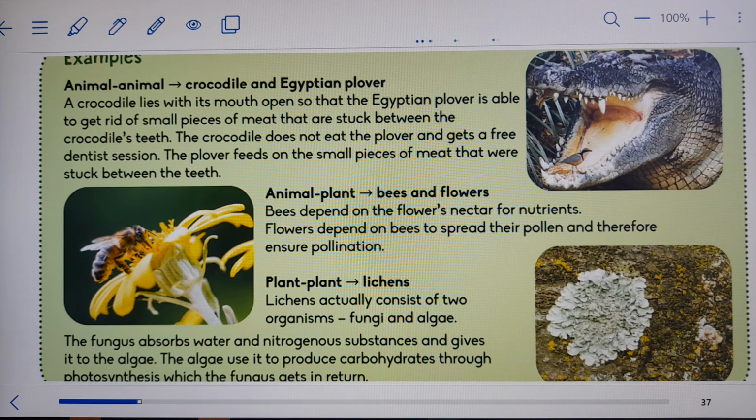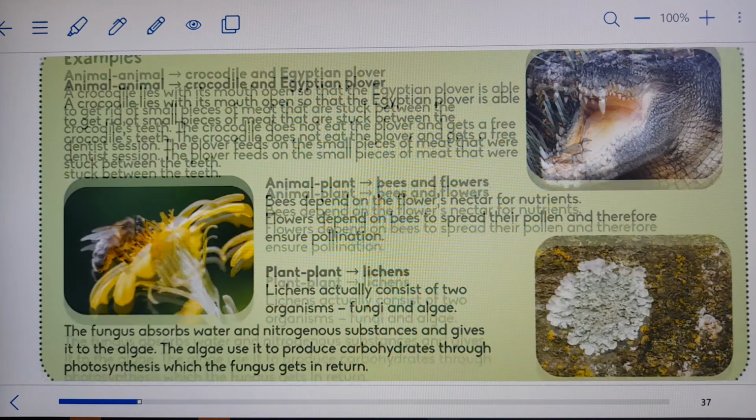Example, animal to animal: a crocodile and the Egyptian plover. Another type of mutualism is plant to plant: lichens, which is algae and fungi. And we can have animal to plant mutualism, which is bees and flowers.